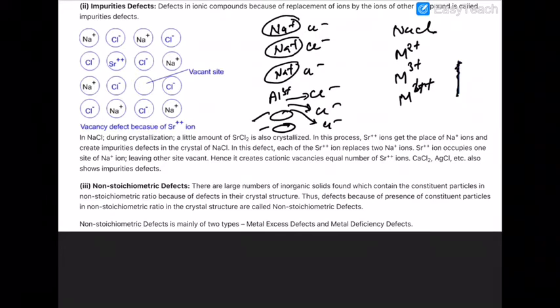Why? Because different metal cations will satisfy the anions, and you will have cationic voids. Are you sure about that?